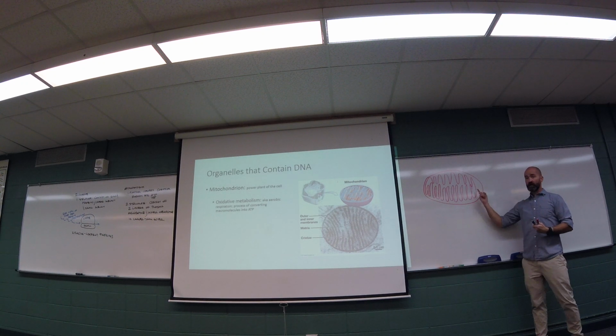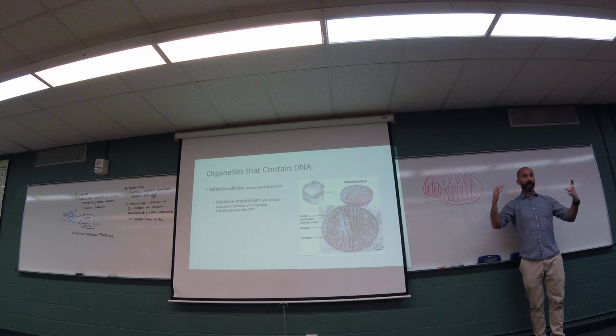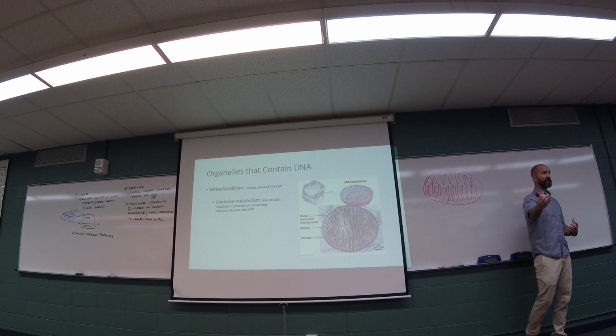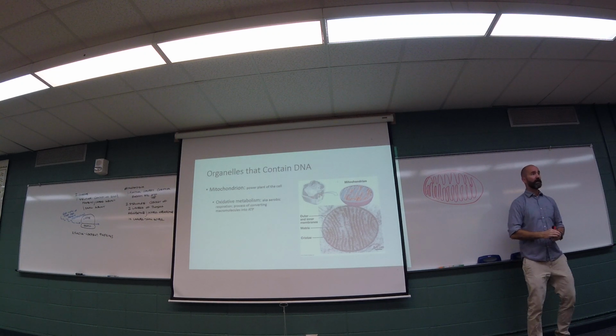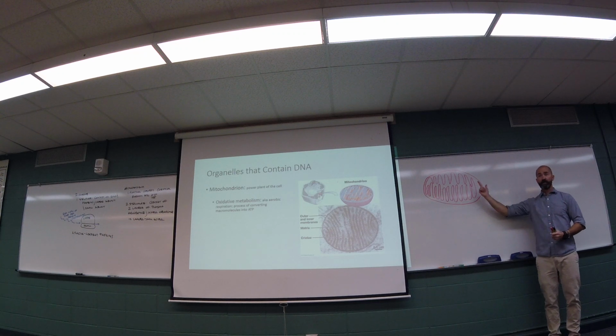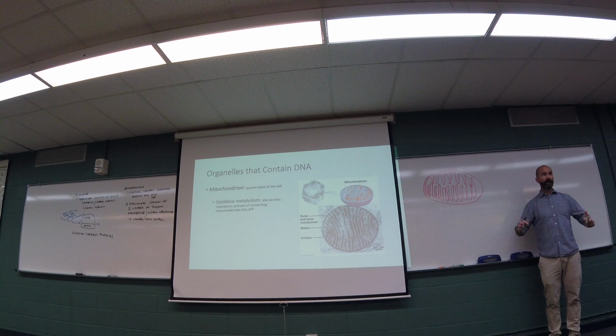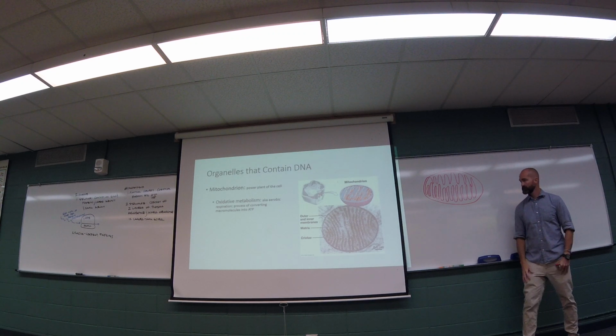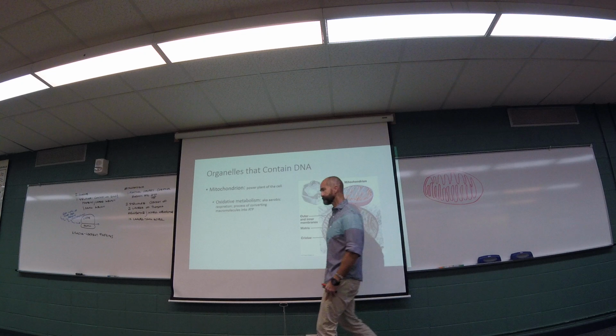And so all along this inner membrane, we have enzymes. And these enzymes are taking molecules and shifting them all around. And the more surface area we have, the more enzymes we can accommodate. So that highly convoluted, super wavy surface means more enzymes and more reactions and a more efficient mitochondria. Okay, does that make sense?